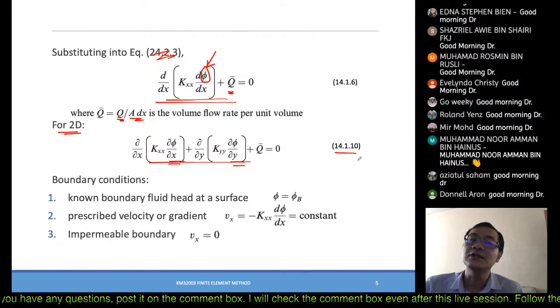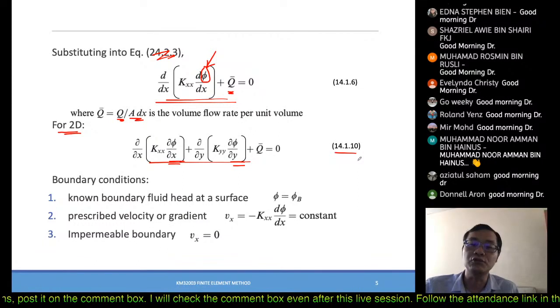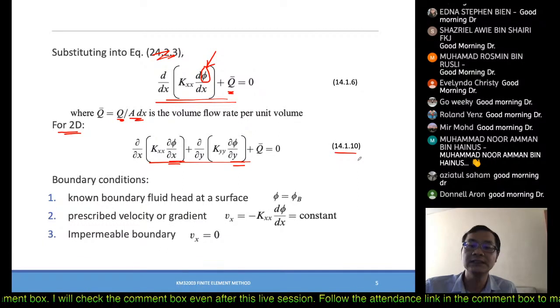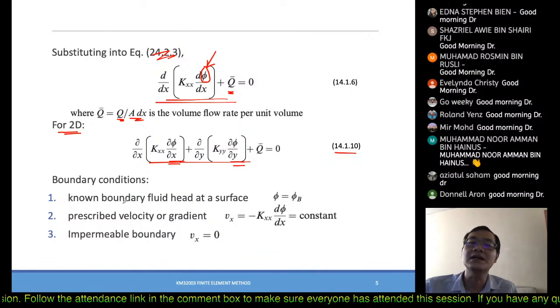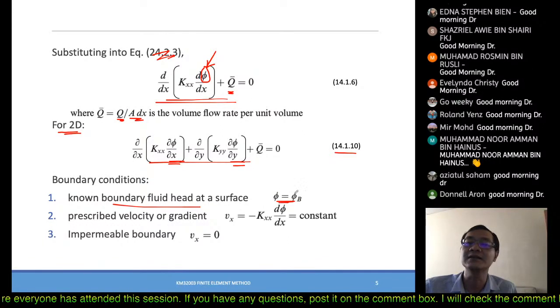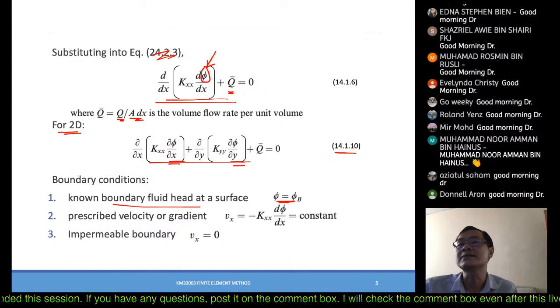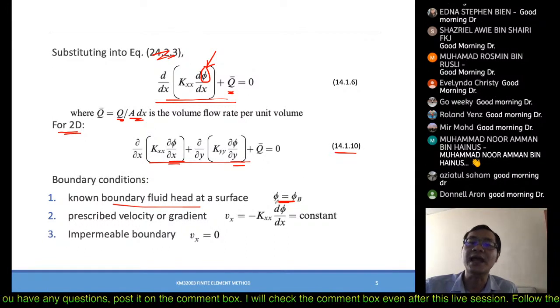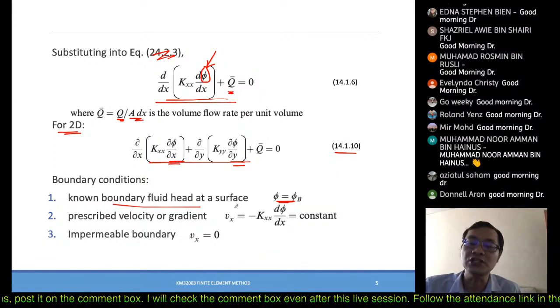Again, we can have three types of boundary conditions. The obvious one is if we apply a known fluid head at the surface, where this psi symbol is the fluid head itself, or the potential itself.